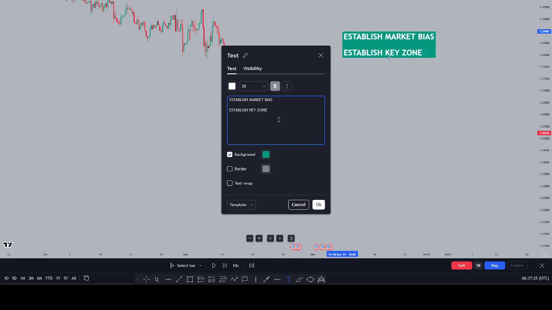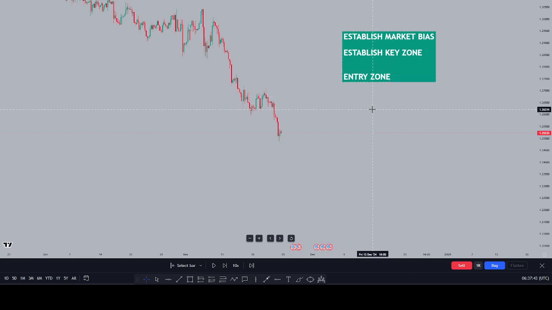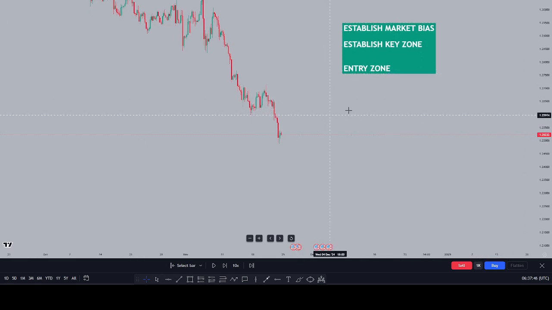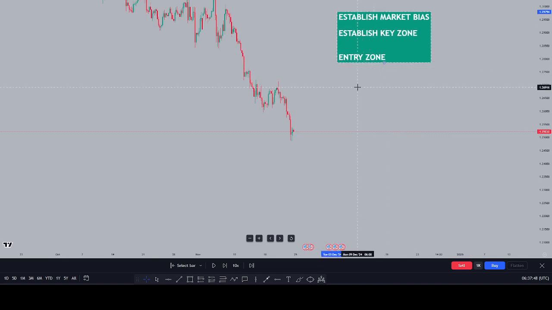If you are selling, that means you should be watching out for the resistance zone, the frequently valid key zone. Then the last one is our entry zone, right? Now, those are the three most important things that we have to understand when it comes to running a professional top-down market analysis.